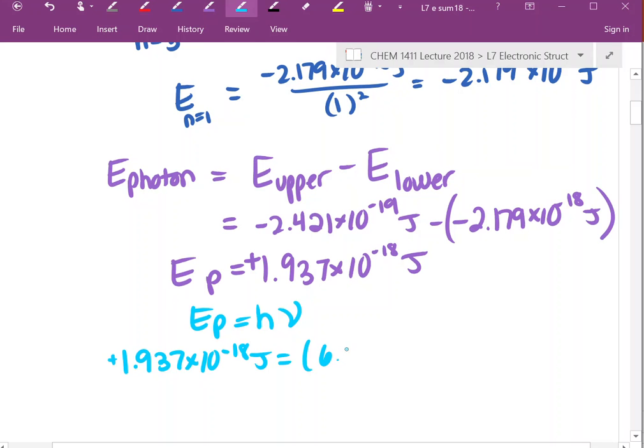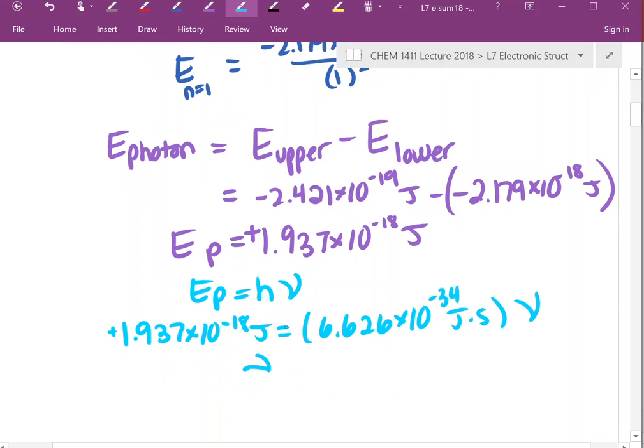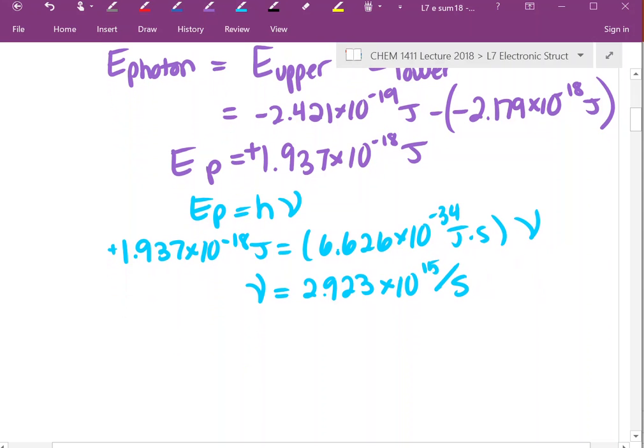Plugging in Planck's constant. And solving for frequency. Oops, that's not a very good one. We can plug in our constant for the speed of light.